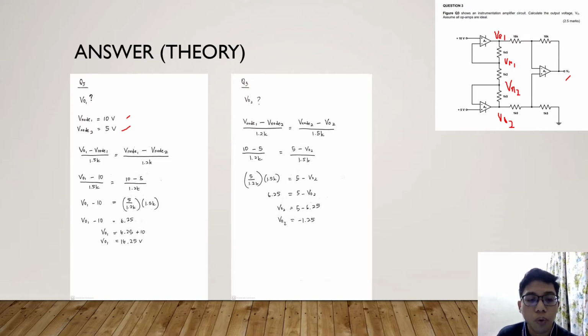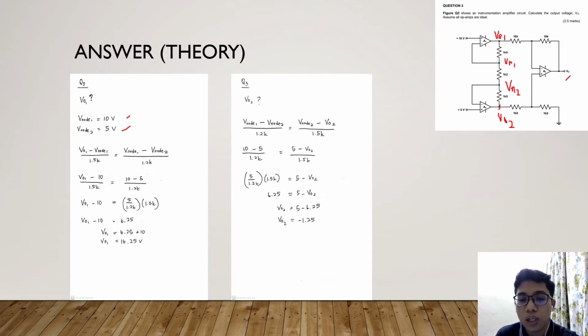So V output 1: minus V naught 1 over 1.5k is equal to V naught 1 minus V naught 2 over 1.2k. After substituting all the values, we get V output 1 equal to 16.25k. Alright, so that settles V output 1. Next we have to find the value of V output 2.